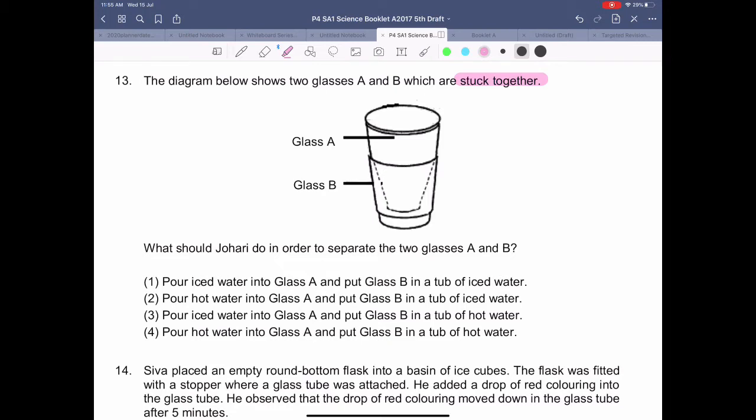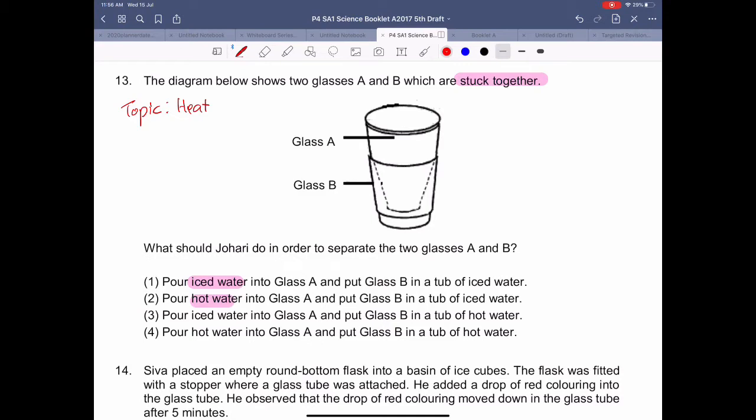For this question, once again, if you take a look at the options given, even though the question itself did not give you any hint, look, ice water, hot water, all this will tell you that the topic is on heat. Once you got the topic of heat, you can start to think for yourself.